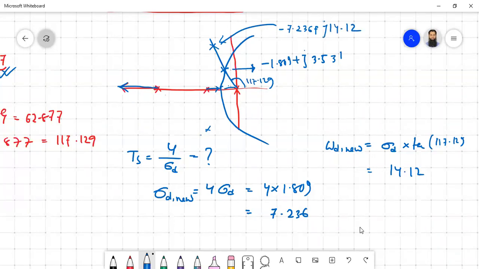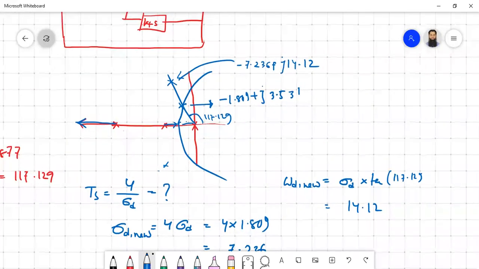Okay, so once you know the new point, now you have to reshape your root locus. For reshaping the root locus, you have to find out the angle contribution of the existing poles and the zero. So we know how to find out the angle contribution, isn't it? Zero angles minus pole angles.